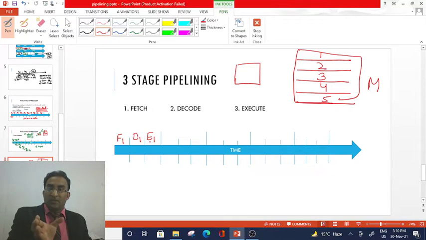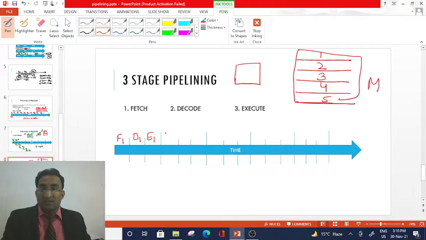After all these three operations, the second instruction's operation will begin, that is fetching of the second instruction, decoding of the second instruction, execution of the second instruction. In a similar way, when I1 and I2 are over, I3, the third instruction, will be fetched, decoded and its execution completed.